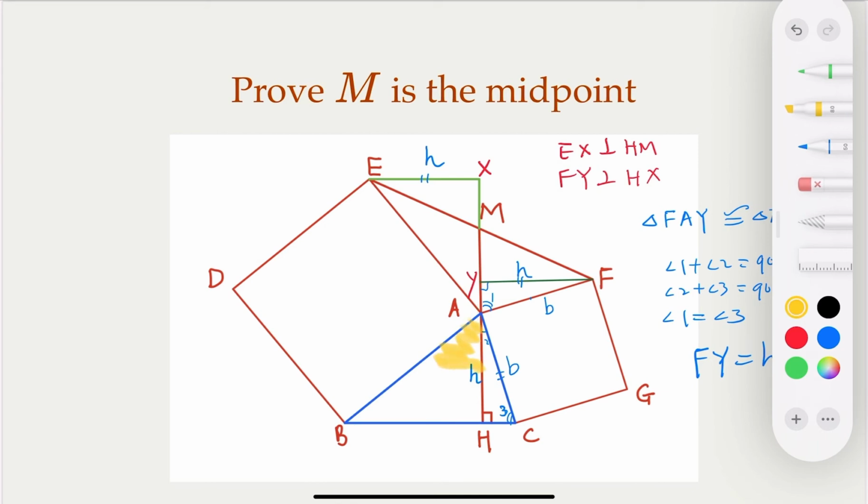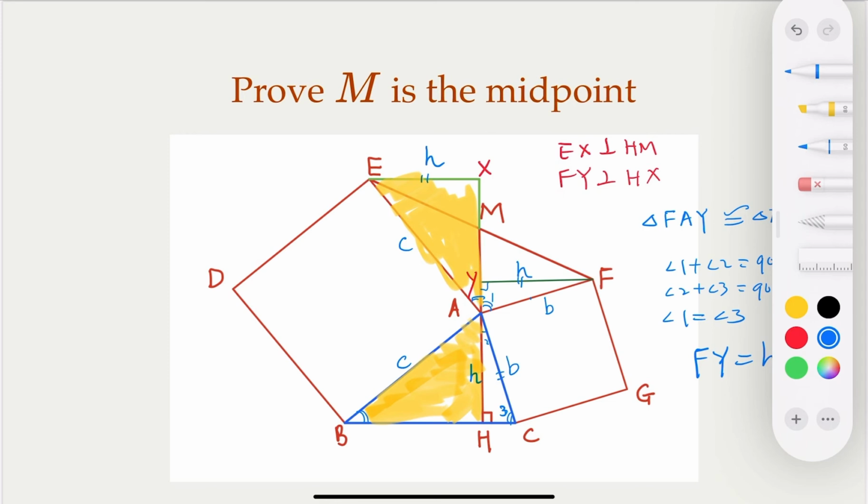This is better, right? So this triangle here is congruent with this triangle here. Why? Similar argument as earlier, right? So one is that if this length is C, this is also C, and this angle here equals that angle here, right? So we're done.